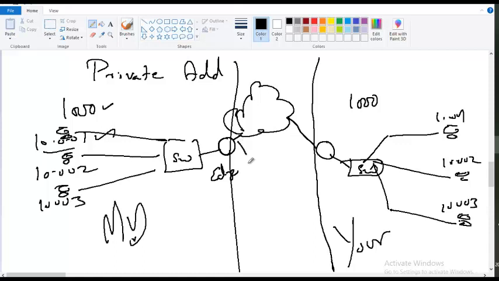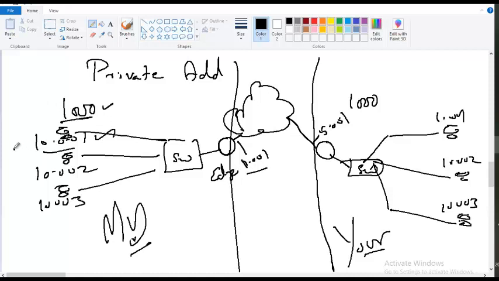You need just one public IP address. Say, for example, 1.0.0.1 is given to me, and another public address, 5.0.0.1, is given to you. My public IP address is 1.0.0.1. Your public IP address is 5.0.0.1. Even though I have 1,000 computers, I don't need to buy 1,000 IP addresses. Only one is enough.